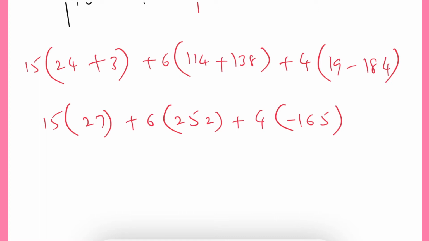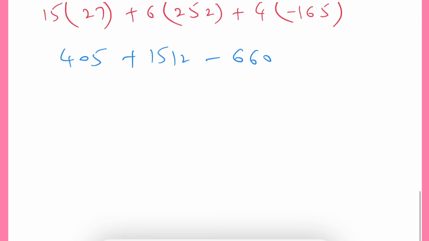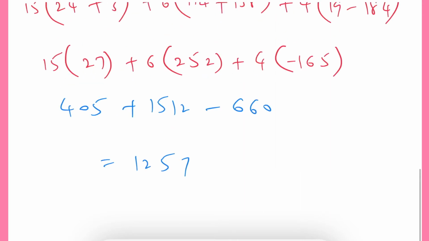First 15 into 27, it is 405, plus 6 into 252, it is 1512. Next, plus into minus, 4 into 165, it is 660. So if we simplify this further, 405 plus 1512 minus 660, it will become 1257. This is the value of delta 1.